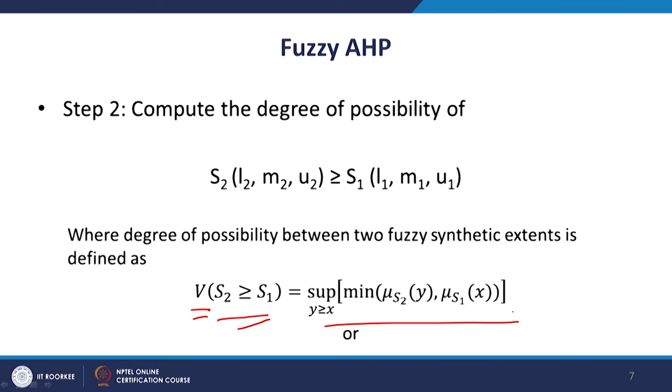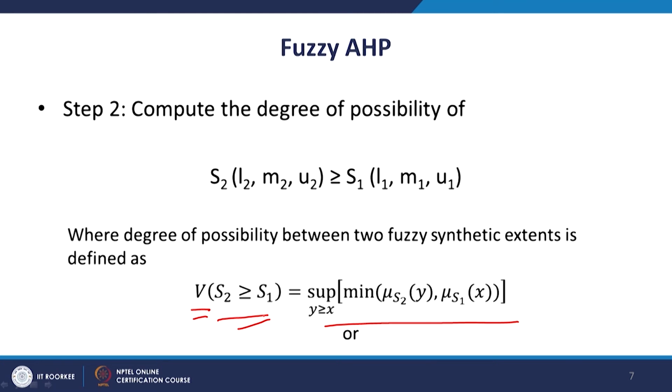We take the minimum of the membership function values for y and x, mu_S2(y) and mu_S1(x), and then we take the sup of it over all elements where y is greater than or equal to x, because it corresponds to our computation of S2 being greater than S1. So, with this we will get this value.